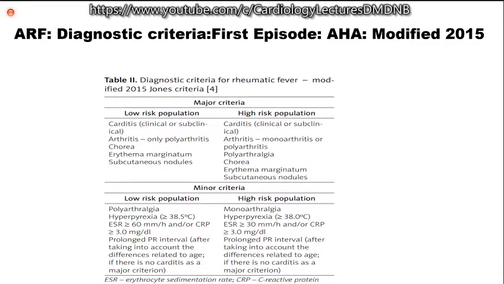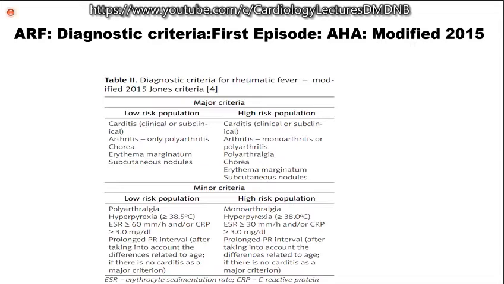Clinical or subclinical? The patient may have carditis, but we can't get it on clinical examination. On echocardiography, we can find features of carditis like mitral regurgitation and aortic regurgitation.